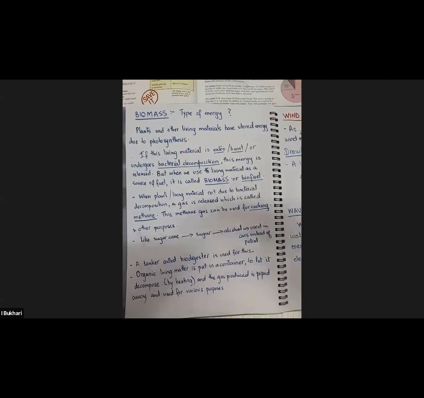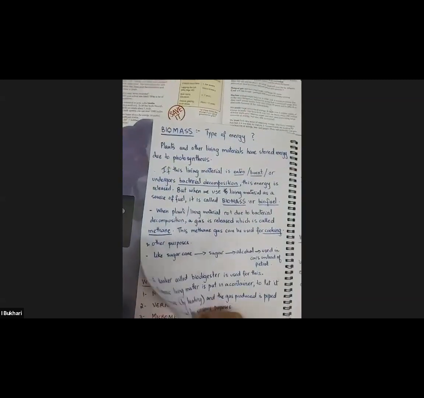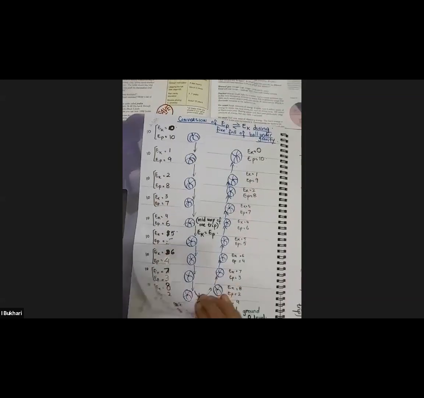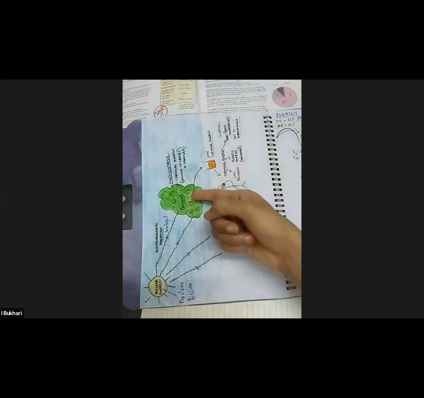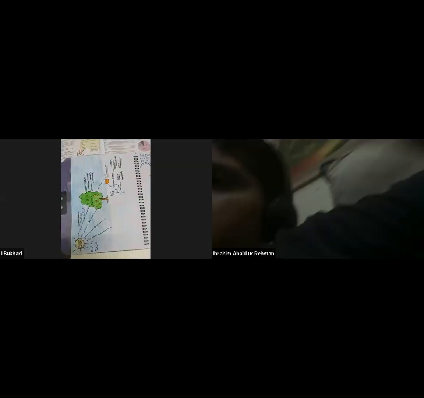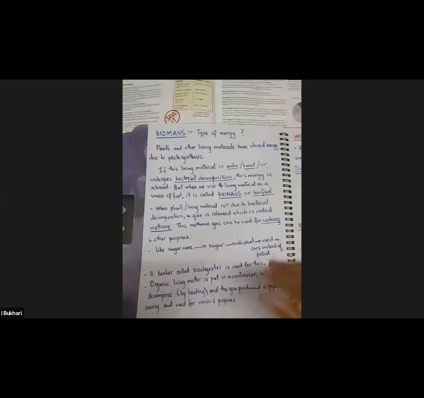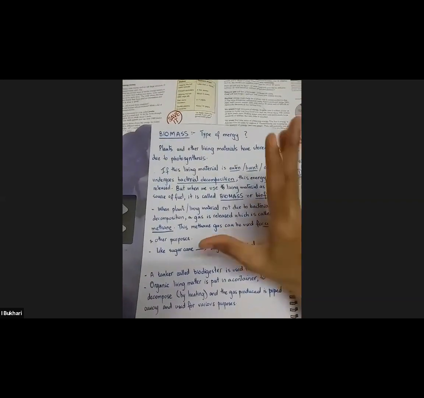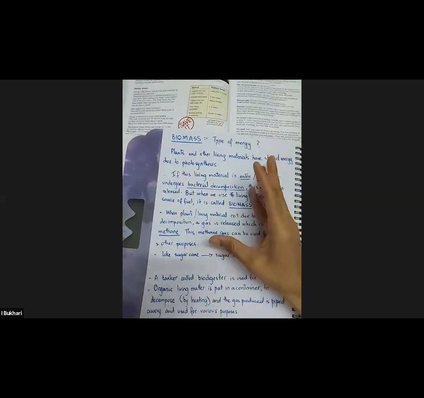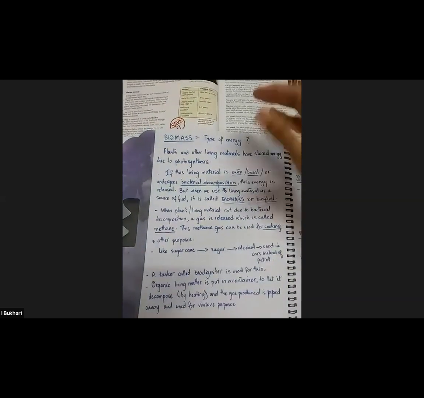Because they have the same chemical potential energy. Remember the diagram I explained in my last class, how the energy is transferred to that cup of orange juice. So every living thing has energy, and you can trace that energy back to the sun.